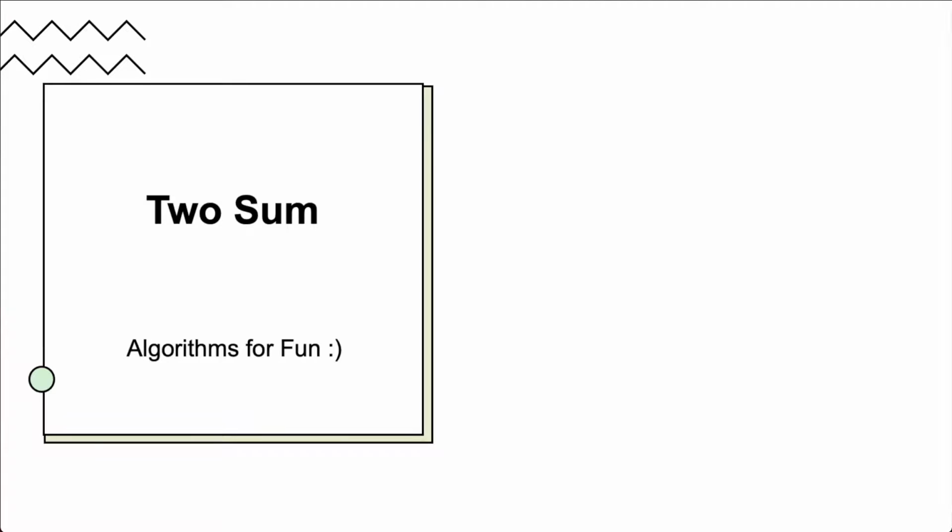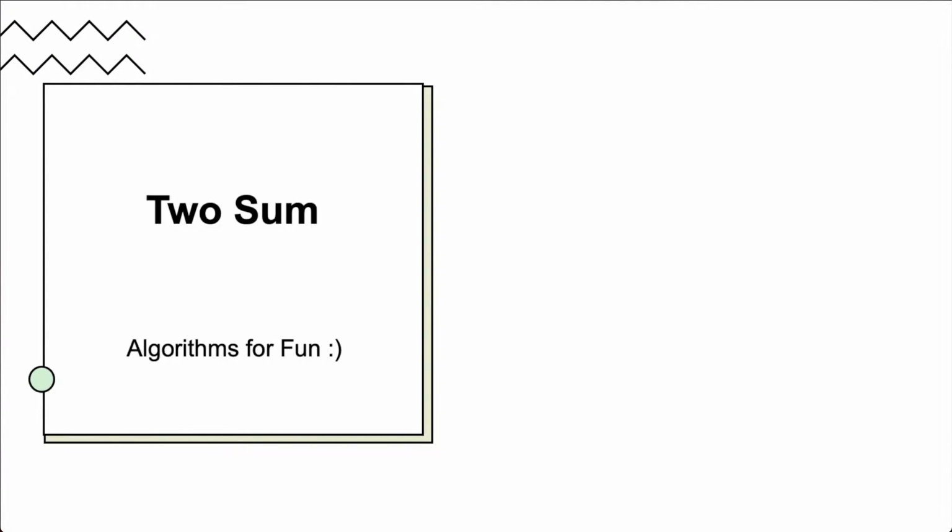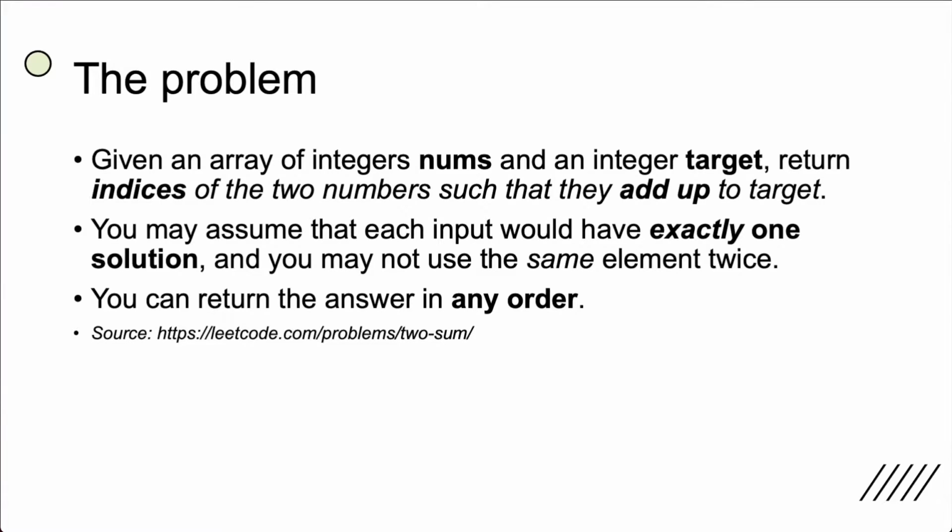Hi there. Today we have a fun algorithm to solve, and it's called the two-sum algorithm, which essentially says that given an array of integers nums and an integer target, return indices of the two numbers such that they add up to target.